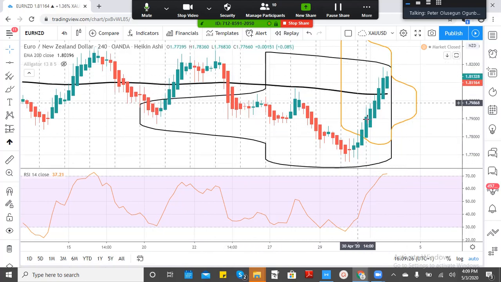Now the zone here captures like 4 hours, so it might not be perfect. 1, 2, 3, 4, 5, 6. So about 6 with this that is crossing. So it's still about 6. On a 4 hour candle, what we see is a buy.